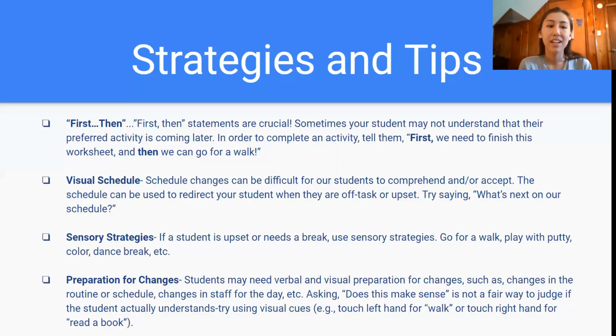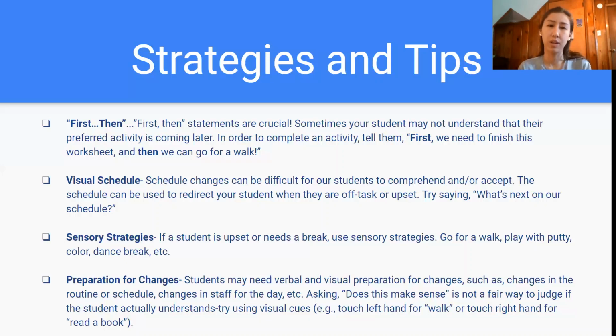Up last is to prepare our students for any potential changes. Our kids really depend on routine and patterns, and when something happens to disrupt their usual pattern, it can cause a lot of chaos, a lot of anxiety or uncertainty, and this can lead to it manifesting in unwanted behaviors.